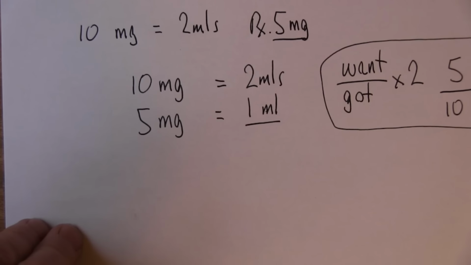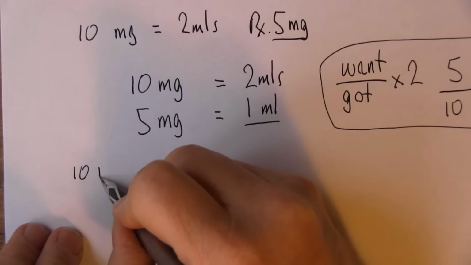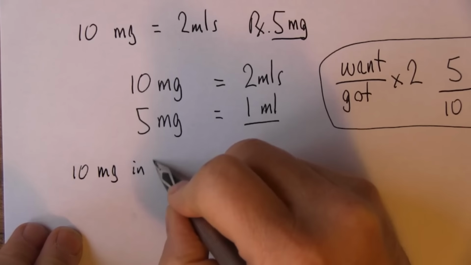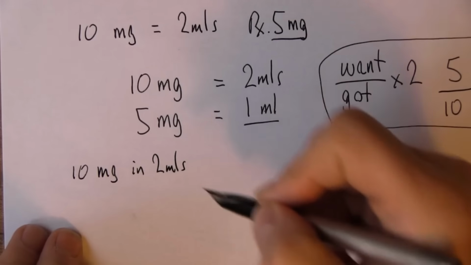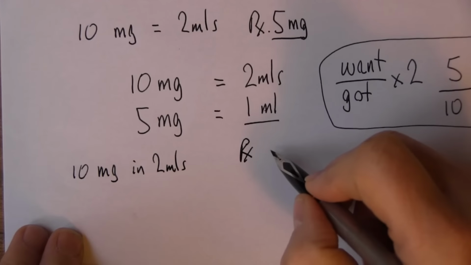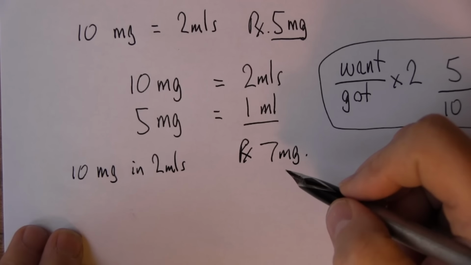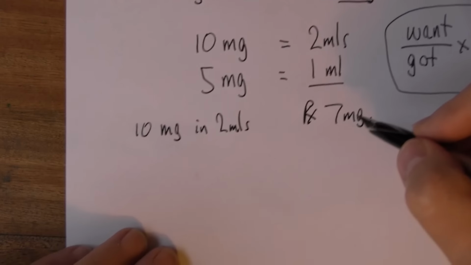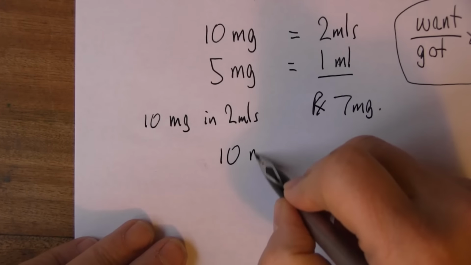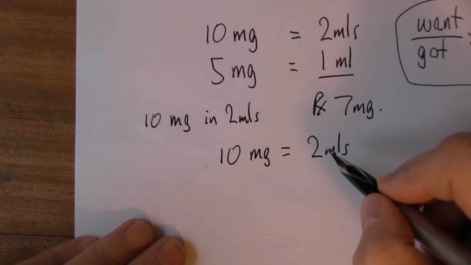Now the next half of this question is what volume would we give for a prescribed dose of 7 milligrams? So we've still got 10 milligrams in 2 mils, but this time the prescribed dose is 7 milligrams. So how would I work this one out? Well, we know that 10 milligrams equals 2 mils.